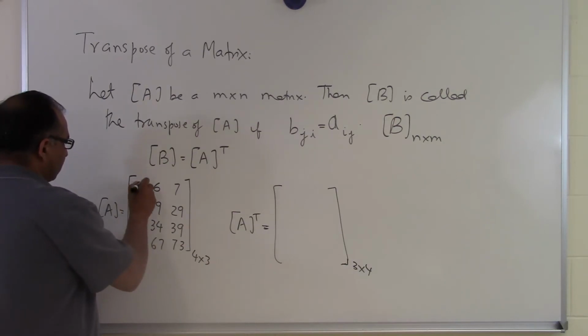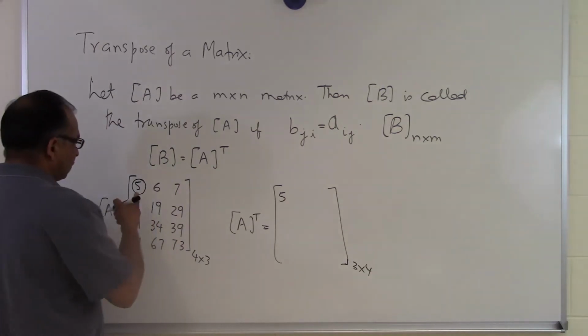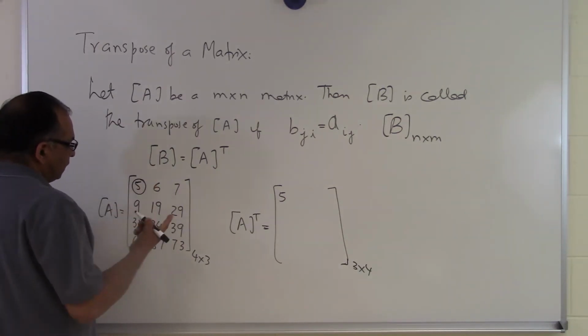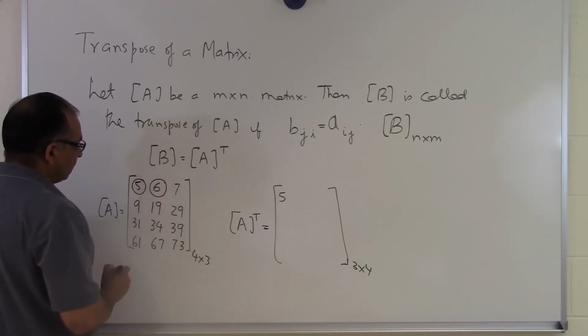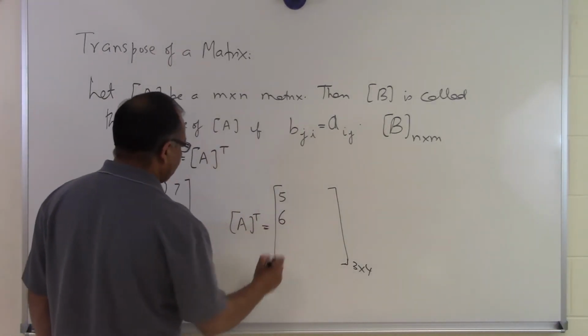So this is first row, first column. This stays as first row, first column, because if we switch the row number and the column number of A, 1, 1 is still 1, 1. However, this element, which is first row, second column, becomes second row, first column of the transpose, which will be 6 right here.